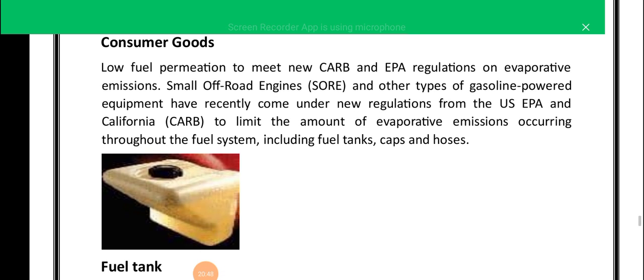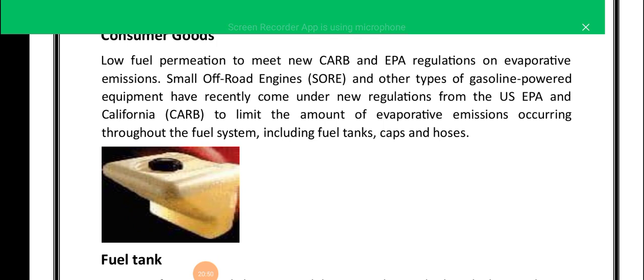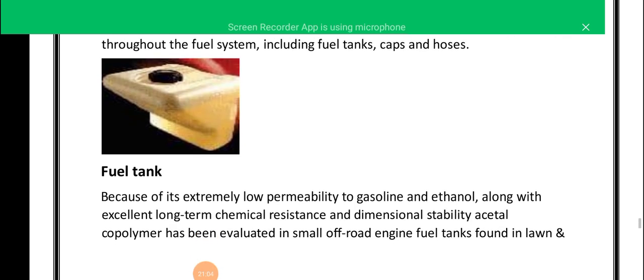Small off-road engines and other types of gasoline-powered equipment have recently come under new regulations from the US EPA and California to limit the amount of evaporative emissions occurring throughout the fuel system, including the fuel tanks, caps, and hoses.